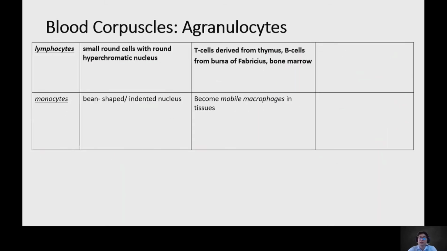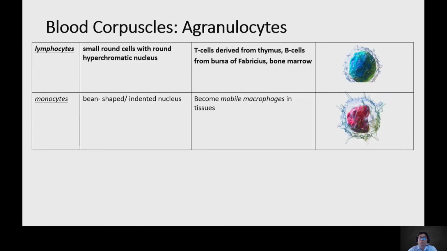Next, we're going to talk about the granulocytes in the table, the lymphocytes and monocytes. Lymphocytes are small and round cells with a hyperchromatic nucleus. T cells are derived from thymus and B cells from bursa of Fabricius, also found in bone marrow. Monocytes have a bean-shaped, indented nucleus.